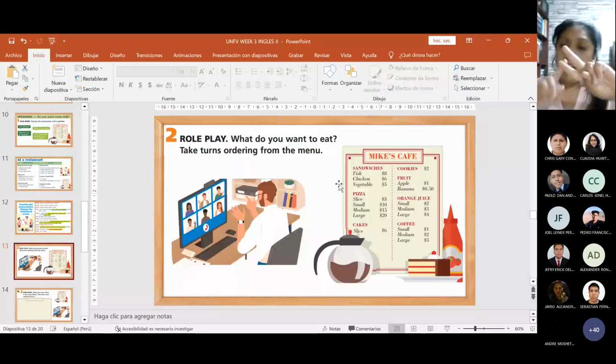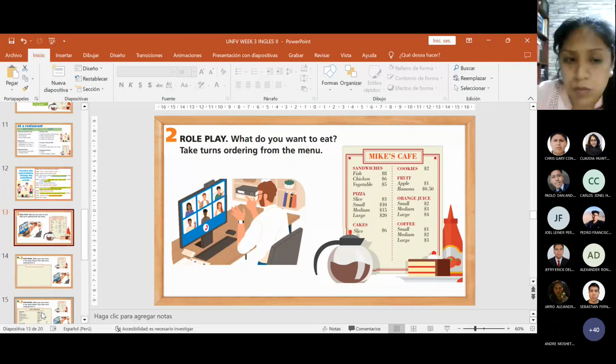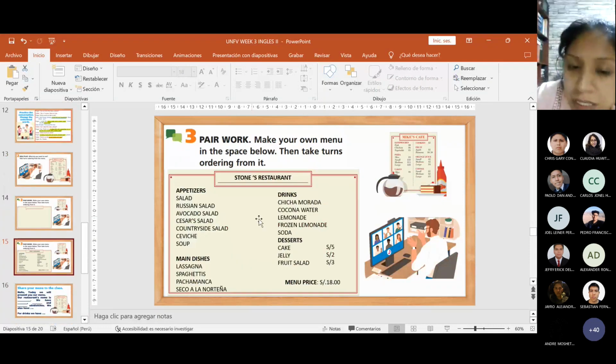Pero, como yo tengo dos opciones, opción 1, option 1, es basarme en este menú. Option 2, la opción 2, es que yo cree un menú, ¿no? El nombre de mi restaurante, about my restaurant, my favorite restaurant, and the menu. Y el menú que tengo para ofrecer.